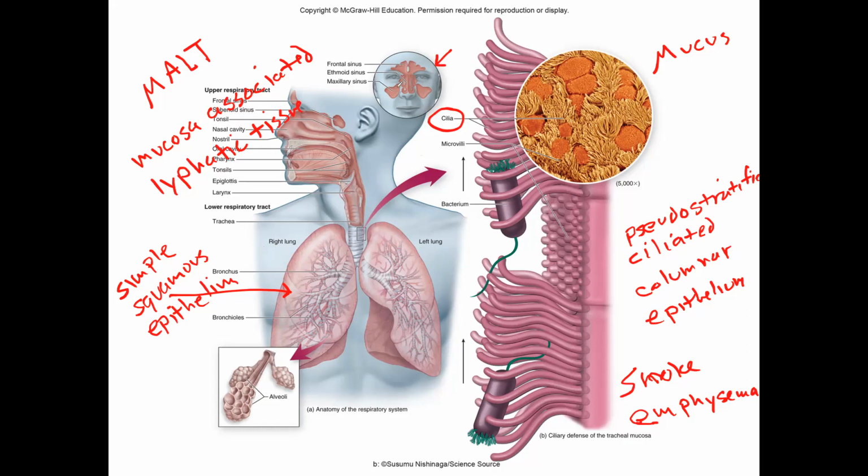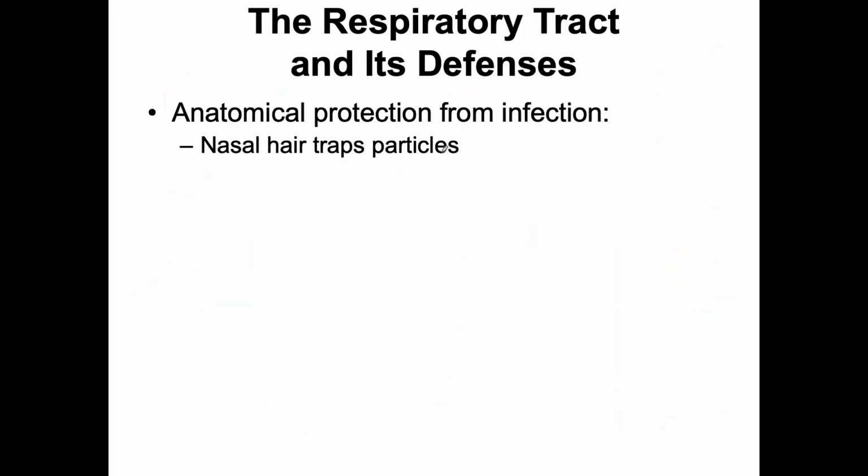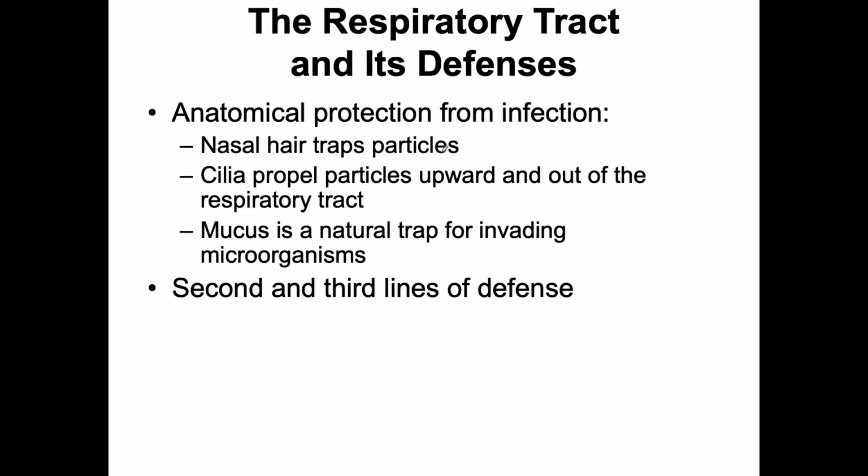It goes all through here and back here, connected by little pathways through the bone, okay? So there's nasal hair. These are called vibrissae. That protect the respiratory system from big particulates.